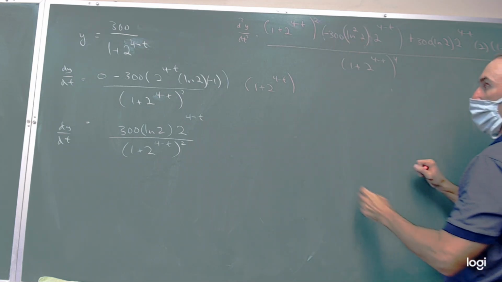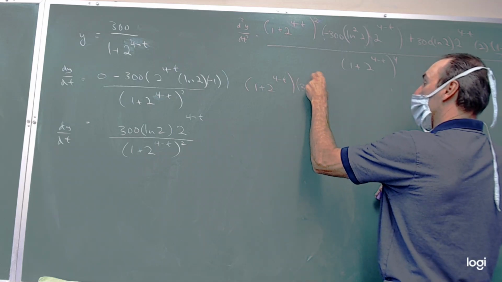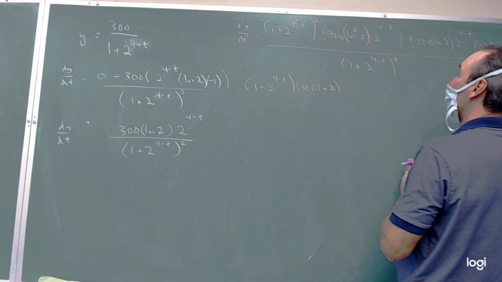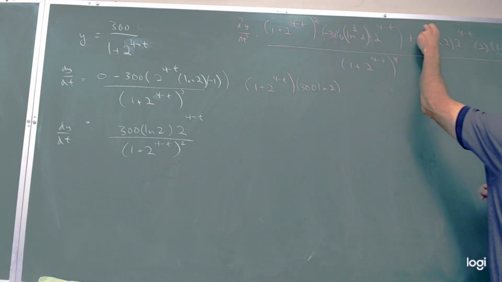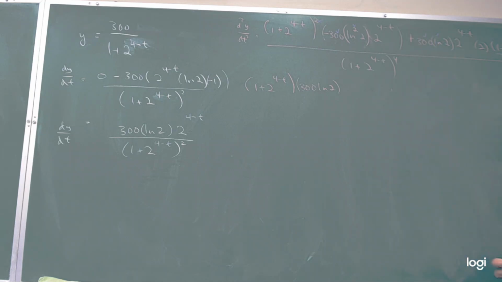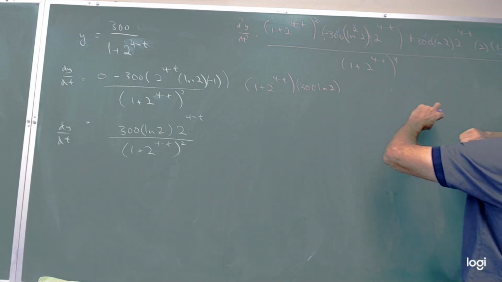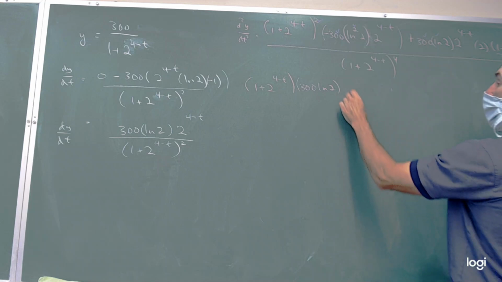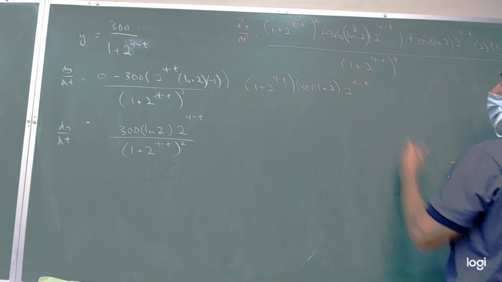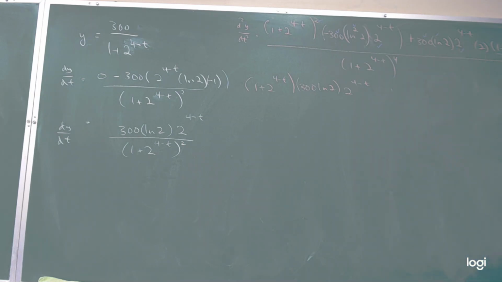That look right? So I'm going to go 300 natural log 2, and so that's taking care of this 300 in one of those, and that, and that. And we have a 2 to the 4 minus t in both of them. Does that? No. Yeah, we do, right? So 2 to the 4 minus t. And so we've taken care of that one and that one. And I think that's about it.